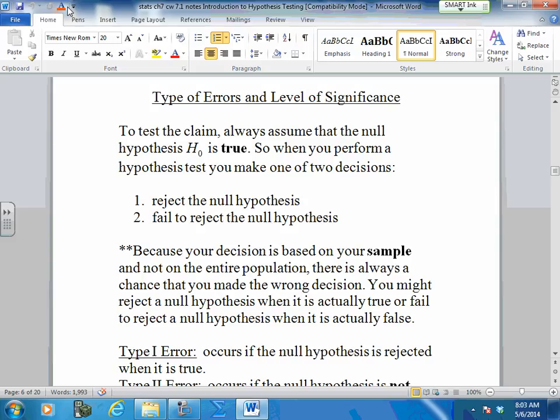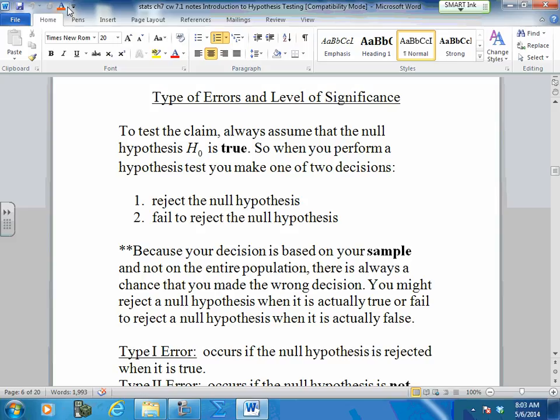Now, sometimes when you make a decision, like for instance, if you're in a courtroom, you're on a jury, you have to convict this person or not. All your evidence shows you that he's got to be guilty, but there's that little reasonable doubt. So you're supposed to say not guilty. Now, if you say guilty and this person really is not guilty, you made an error.